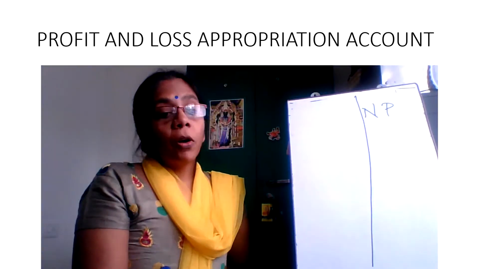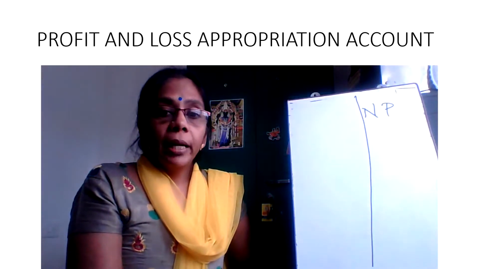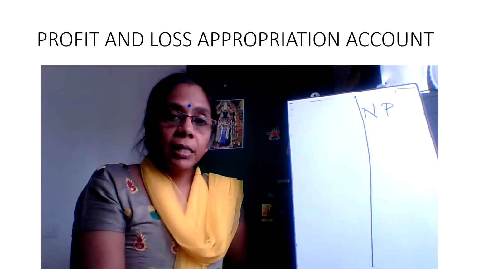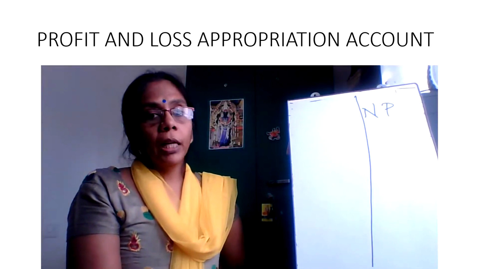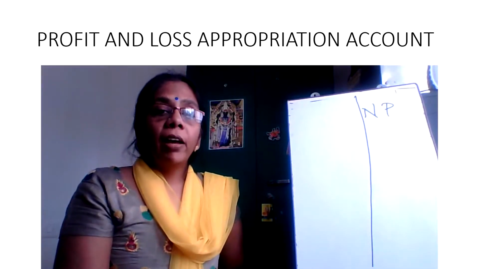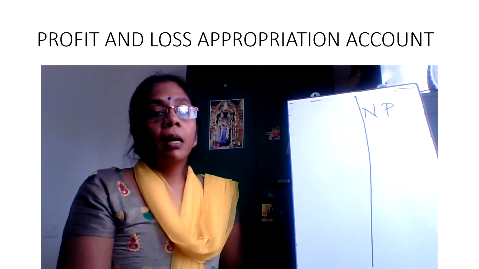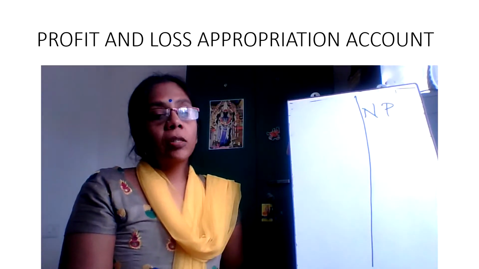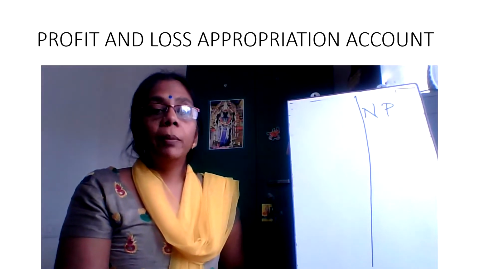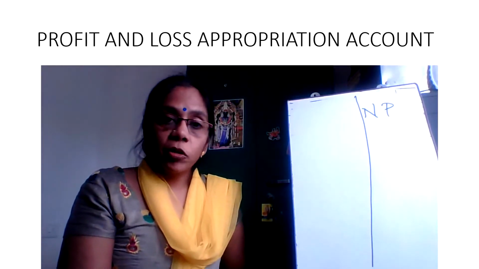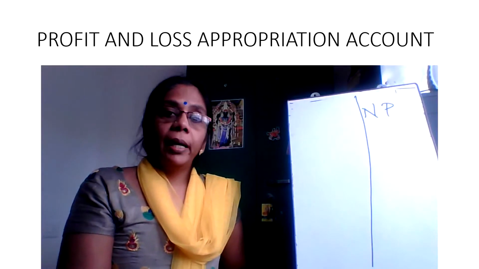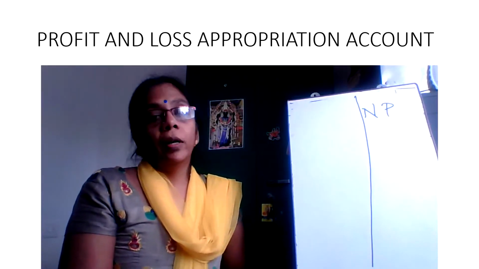Now, this profit and loss appropriation account is prepared from the firm's point of view. This understanding is very, very essential for us to determine which side what entry has to be posted. So I repeat, profit and loss appropriation account is prepared from the firm's point of view.